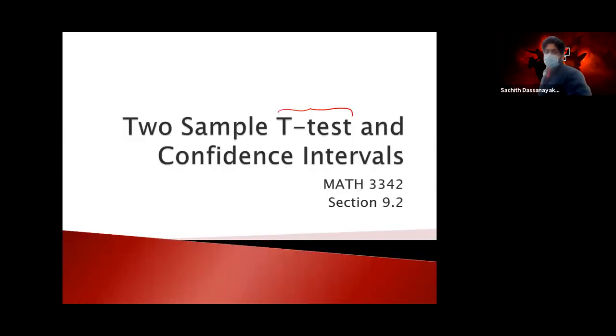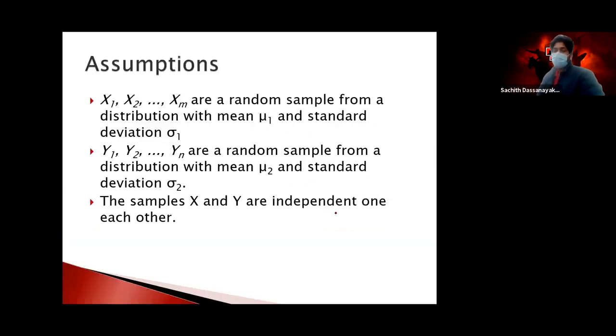In this case, we have to talk about the t-test for two samples as well as confidence intervals. These are the assumptions we made in the first place in this chapter. The first sample is a random sample, so they are independent from each other.